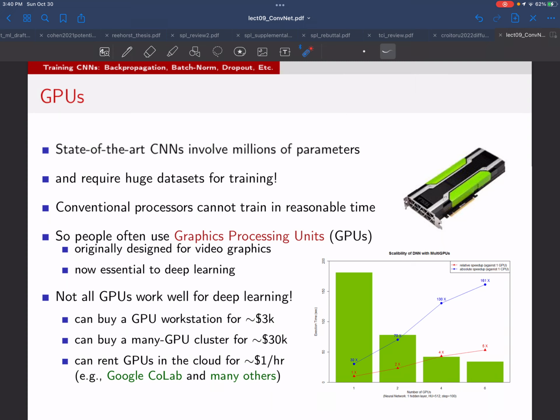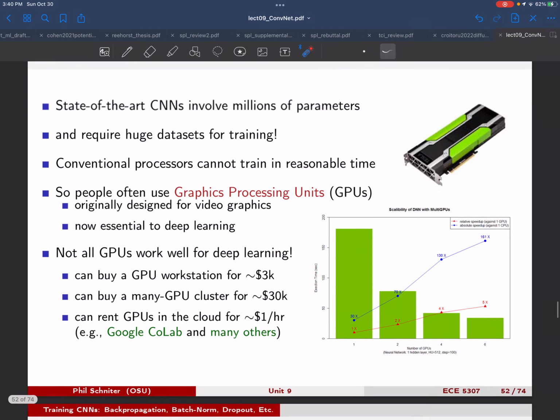There's many other services beyond Google. If you click on that link, it'll take you to an article that lists many other options. But if some of you want to use these for your project and you don't have a computer with a nice GPU in it, you might check out some of these services to speed up your training.